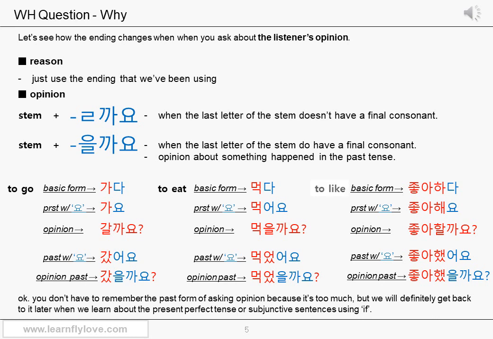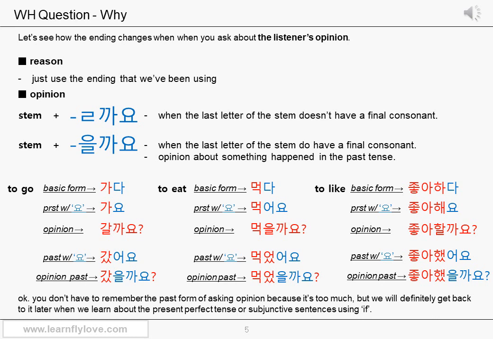How about the verb like? It's not actually noun plus 하다 verb, but it looks like noun plus 하다 verb. Maybe you can say stem plus 하다 verb. But 좋아 is not a stem actually. 좋아하 is the stem. Anyway, whatever you call it, it has 하다 part.